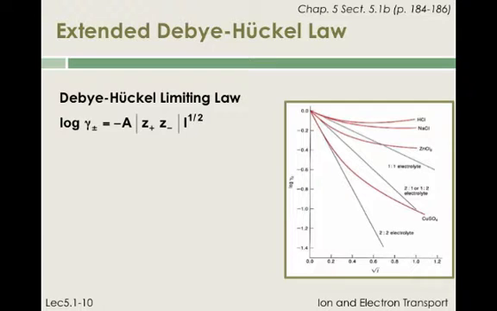The theoretical limiting law is plotted for 1,1, 1,2, and 2,2 electrolytes. See the black straight lines.